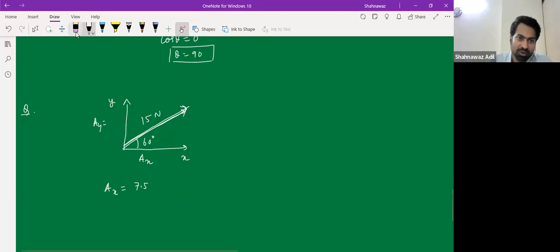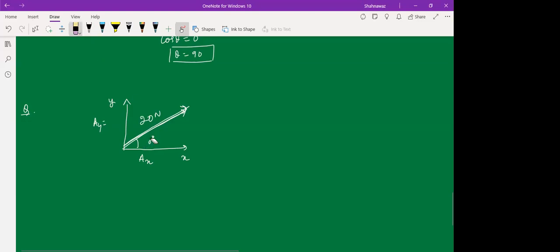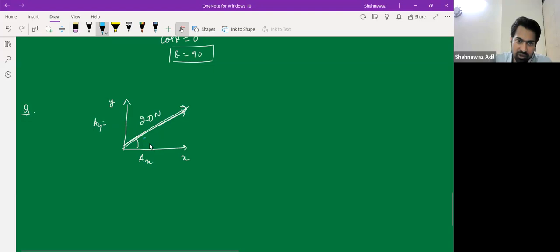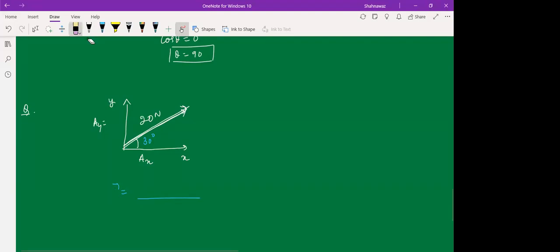Let us change the value. This is 20 Newton and the angle is 30 degrees. Now you tell me what would be this force vector.